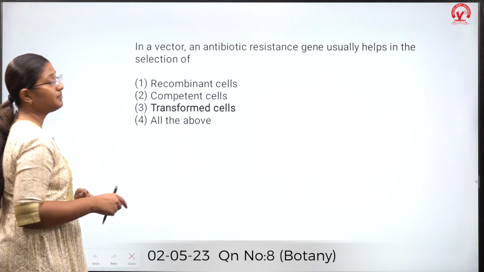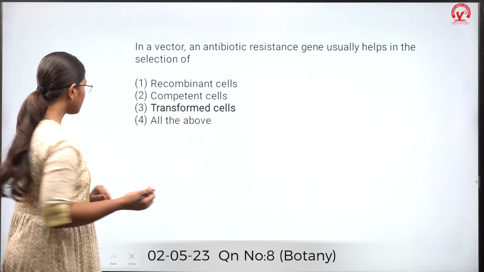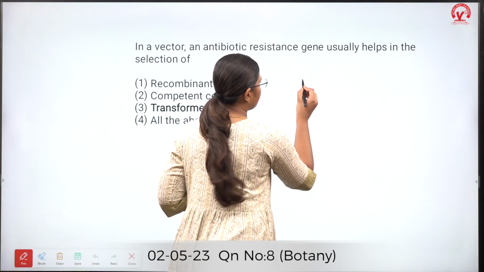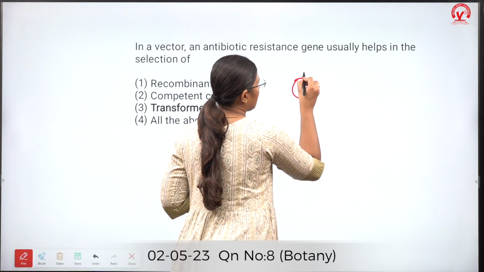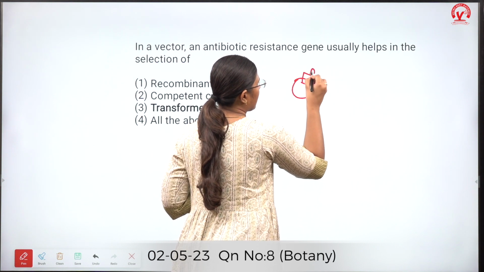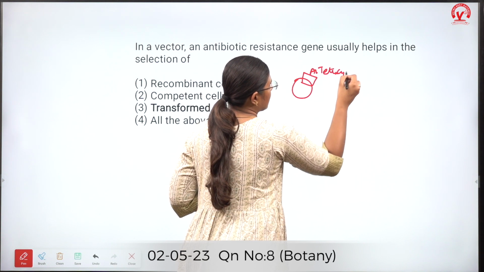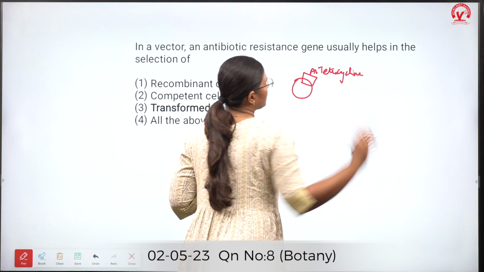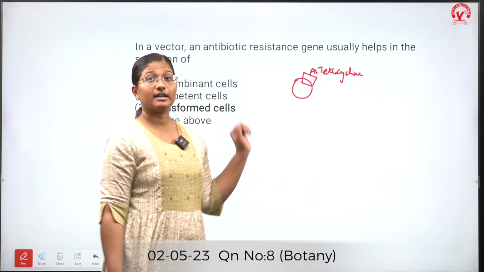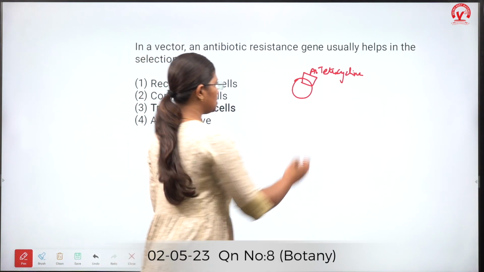For example, if you are making a recombinant cell, your vector possesses a tetracycline resistance gene.